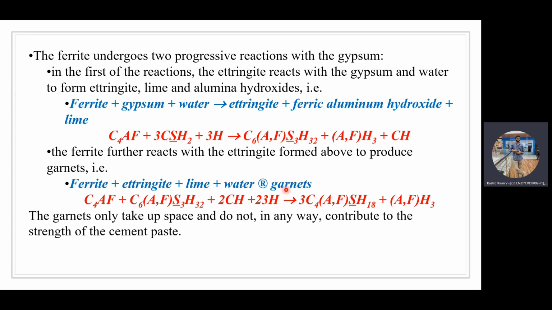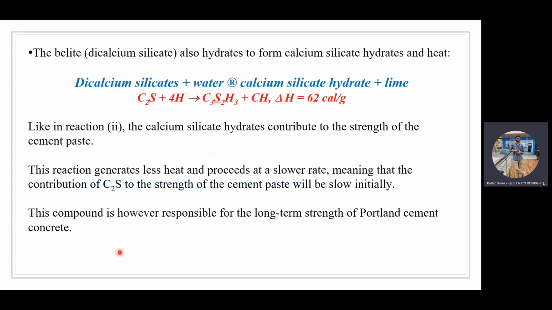So that's how the chemical reactions of the cement hydration take place, and the garnets take up only a small amount of space and do not in any way contribute to the strength. C4AF, we know, does not contribute anything to the strength. So what contribution does the C4AF make? The gray color that you get in the cement is because of the C4AF compound. So that's how the chemical reactions happen.